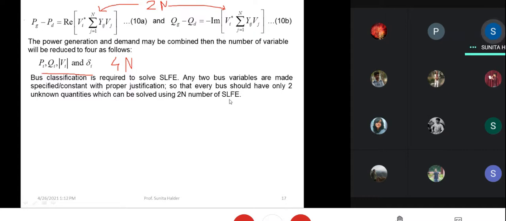For some buses P and Q are known, and you have to find V and delta, in that way. But in every bus, there will be two variables, though the variables may not be the same; they are different. So that's why there are different types of buses in load flow study.